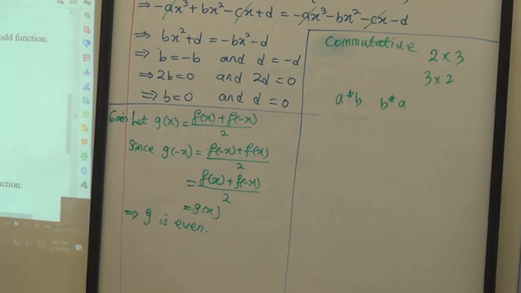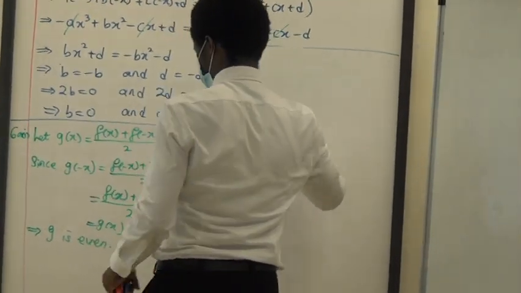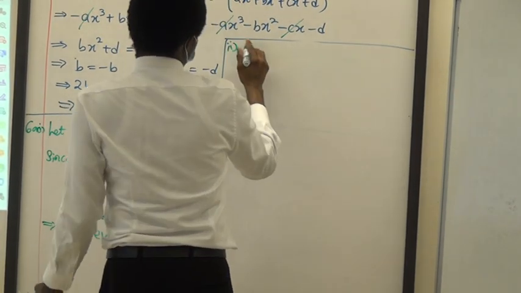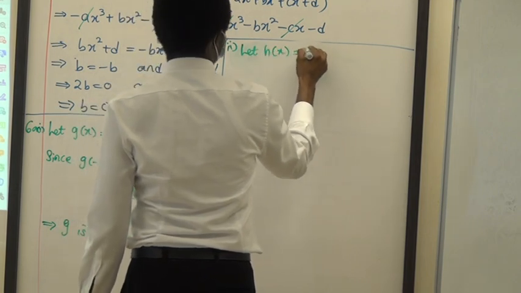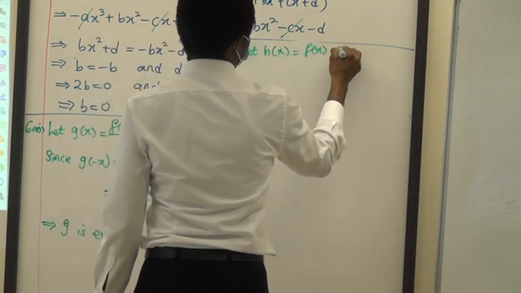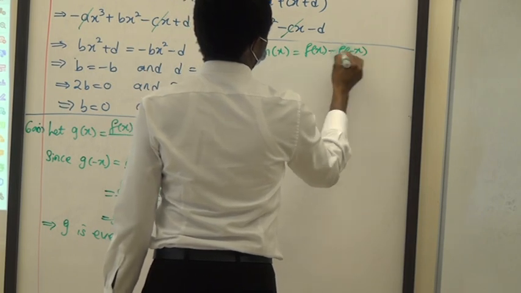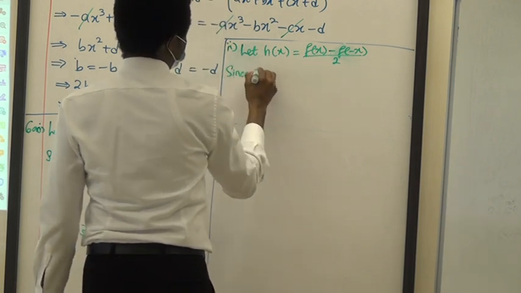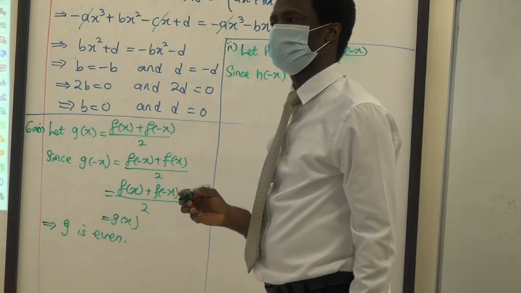Okay? And similarly, we check the other one if it is odd or even. So I call this g, so maybe I call the next one h. Let h of x be f of x minus f of negative x divided by 2. Then I say, since h of negative x, I'm going to see what happens to h of negative x.